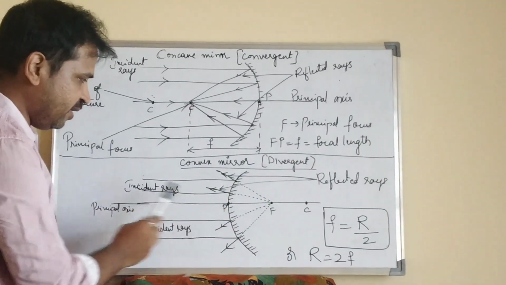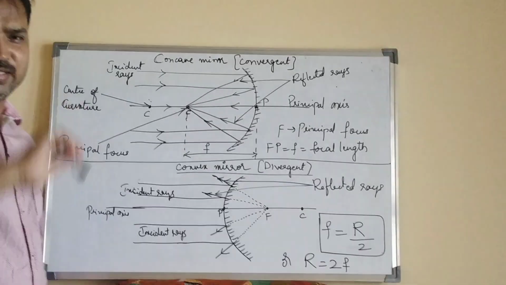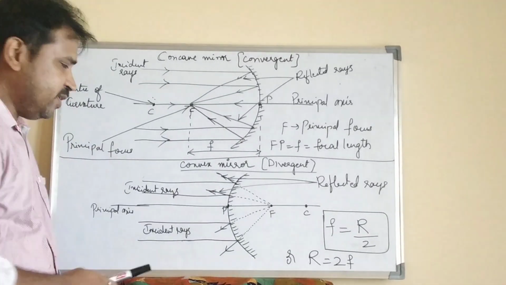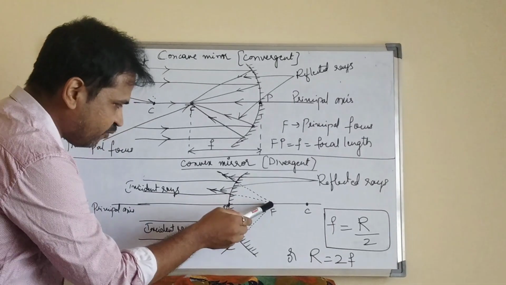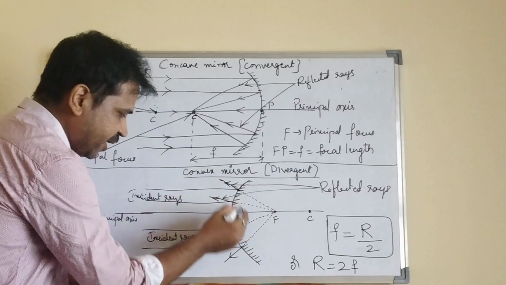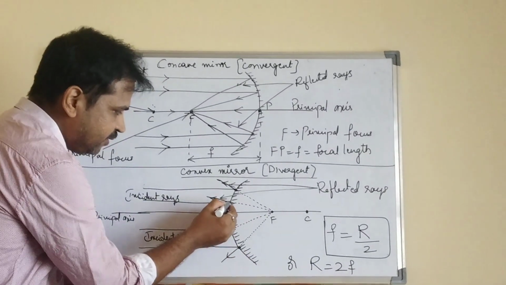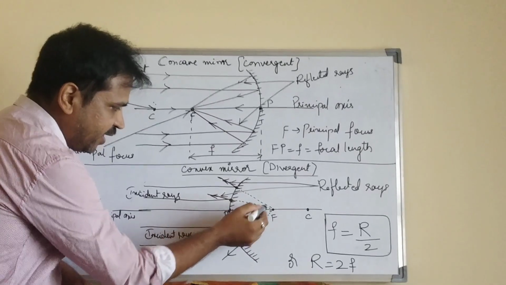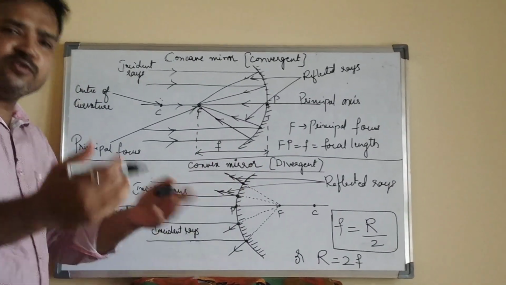Now you can see here, the reflecting surface is outside and the non-reflecting surface is inside. I have drawn the dotted lines coming from the principal focus, meeting at the surface or boundary separating the reflecting and non-reflecting surface. These are the various points from where I have drawn the dotted lines coming from the principal focus. What is the importance of the dotted lines?